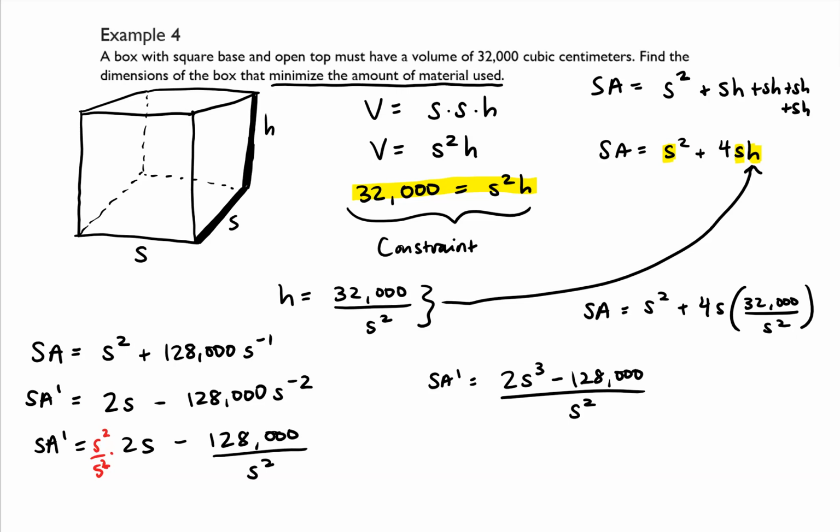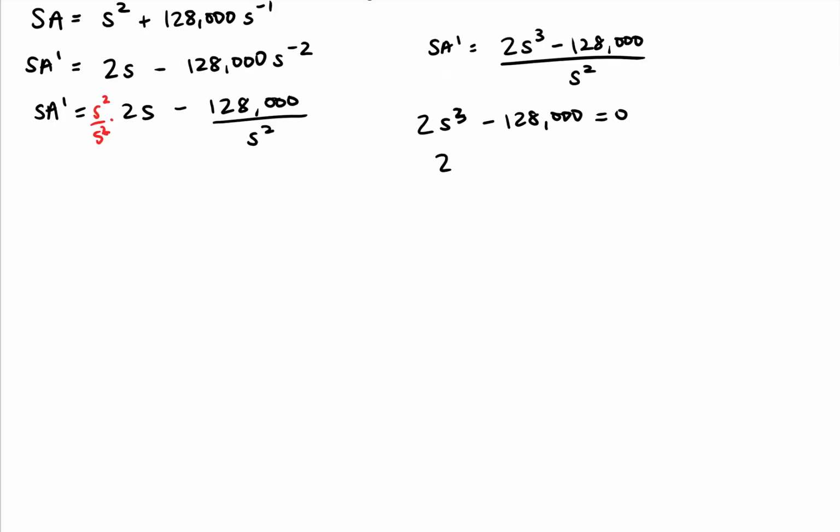So if we set that equal to 0, then we just set the numerator equal to 0. So we get 2s cubed minus 128,000 is equal to 0. And we want to solve for s. So I will add 128,000 to both sides, and then divide both sides by 2, and we get s cubed is equal to 64,000.